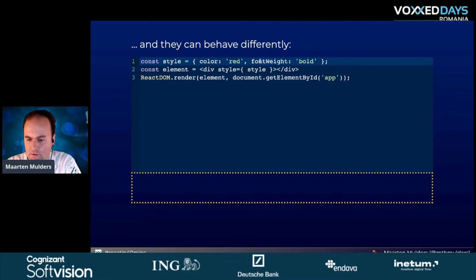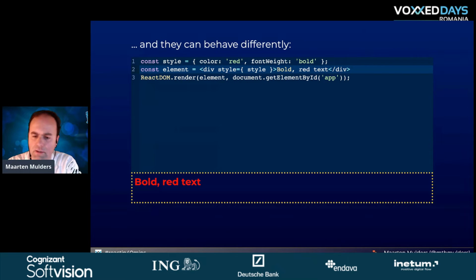Notice that here as well, fontWeight is capitalized differently than you might expect. If I apply it, it works again as expected. So what I'm basically saying here is that the div has an inline style applied, and the style is composed using this JavaScript object. Could also have been a string, as I mentioned, but this lets you build it dynamically, which can be very useful.